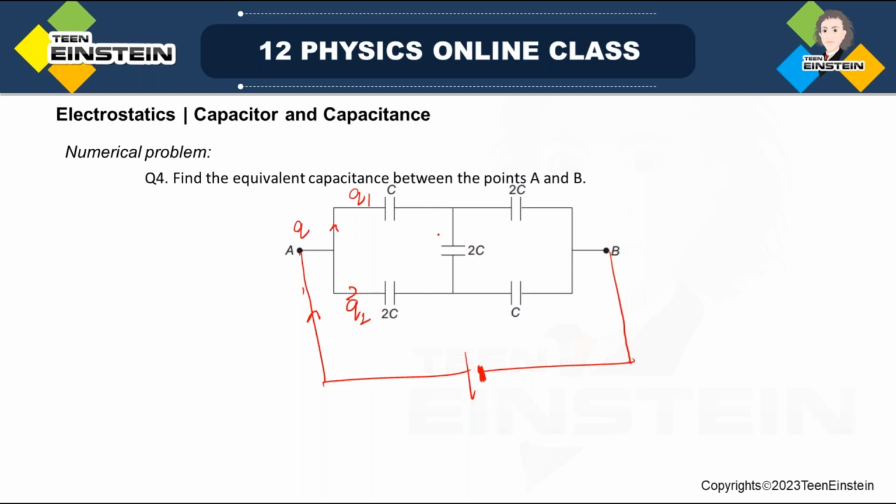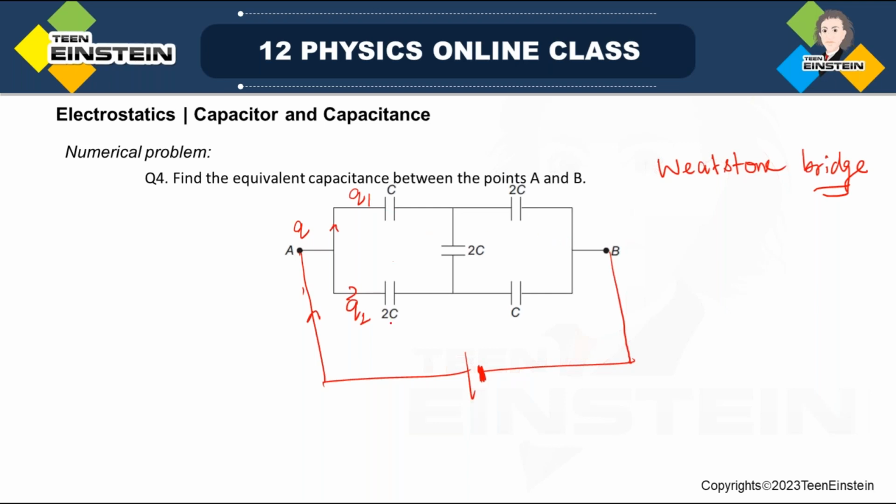One more thing is that this is kind of a Wheatstone bridge. This has the symmetry of a Wheatstone bridge. These are tricky problems, so you should sometimes remember seeing the symmetry.